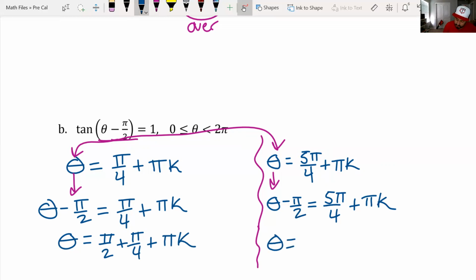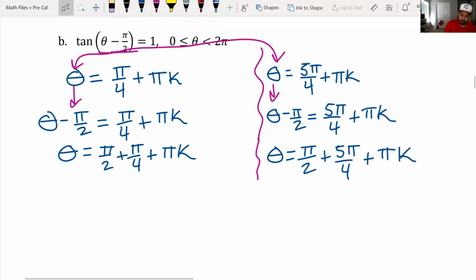Theta would be pi over 2 plus 5 pi over 4 plus pi k. Okay, still going, because we're still making a general solution. Combine pi over 2 and pi over 4. What's that become? 3 pi over 4? Yeah, 2 over 2, 2 pi over 4, 3 pi over 4.